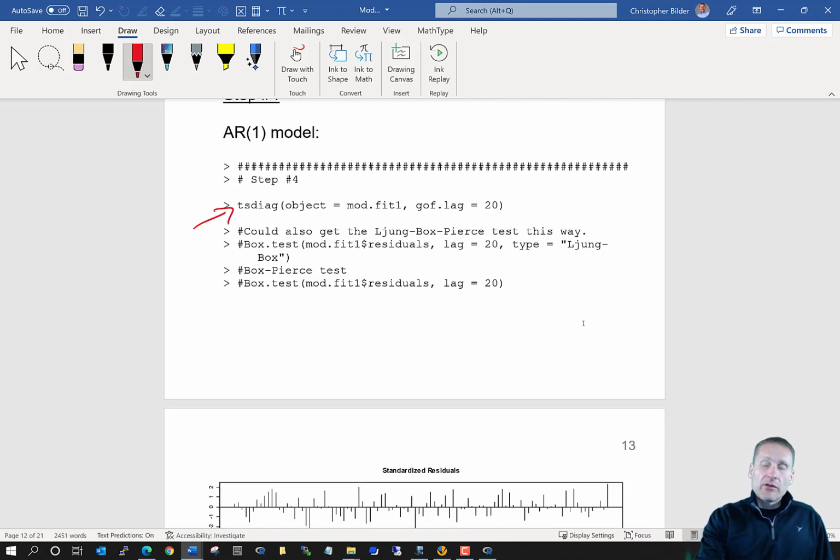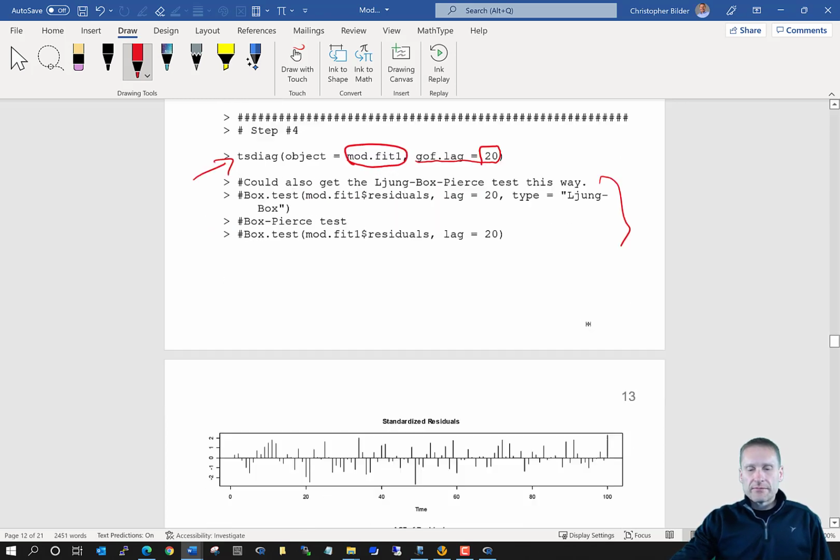The first thing that we're going to do is use this function tsdiag with the AR1 model that was saved in mod.fit1. I'm going to do my Ljung-Box test up to lag 20. That's what the gof.lag stands for, or corresponds to. GOF stands for goodness of fit. Again, you could use a different function for it too.